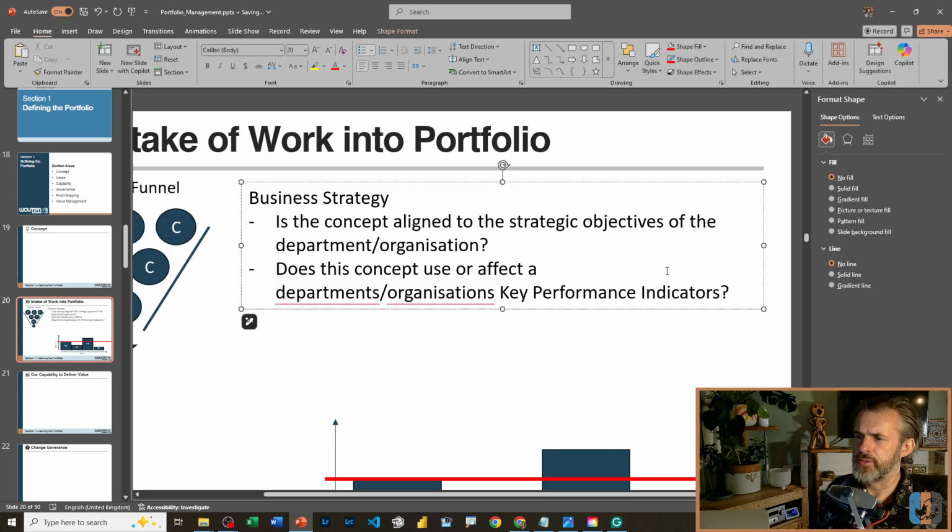Does it make use of a key performance indicator? Or does it affect a key performance indicator? Are they two different things? Does it use one? Or does it affect one? That's an interesting one. So let's just explore that for a second.